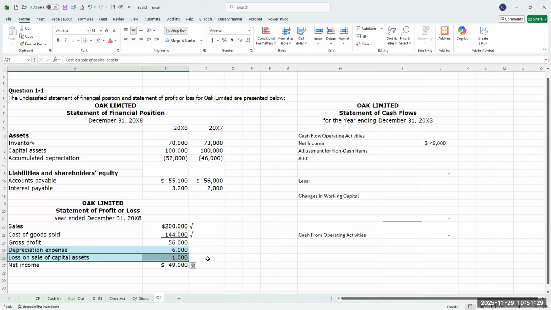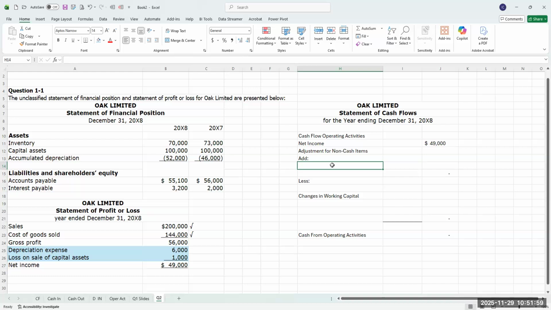We cannot pay cash for the loss and we cannot pay cash for depreciation expense. The reality is that those two items reduce this amount, otherwise it would be 56. So we have to normalize our income by adding those two items into our operating activities on the cash flow statement.